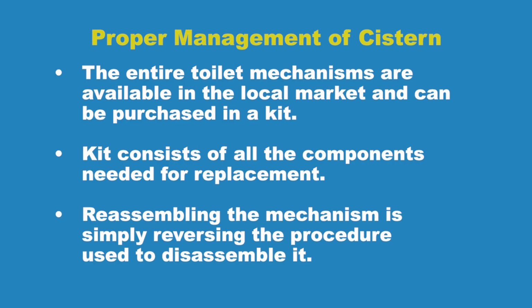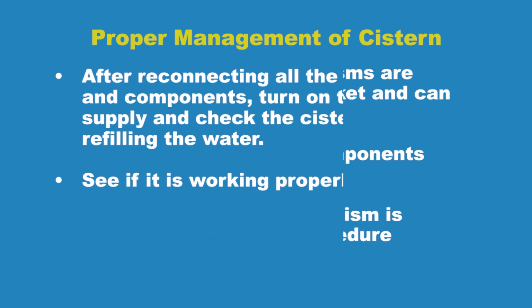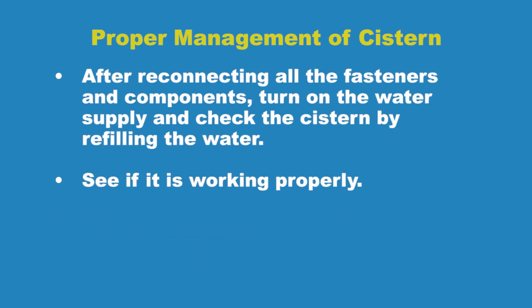The kit consists of all the components needed for replacement. Reassembling the mechanism is simply reversing the procedure used to disassemble it. After reconnecting all the fasteners and components, turn on the water supply and check the cistern by refilling the water. See if it is working properly.